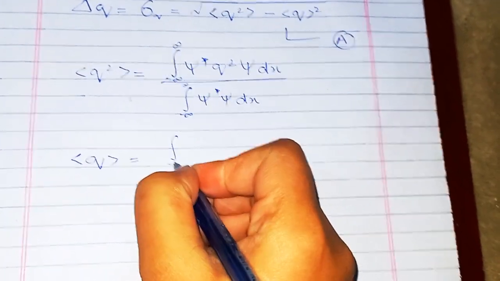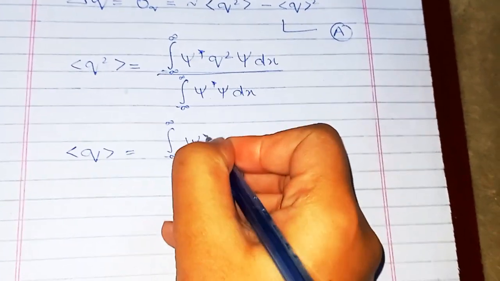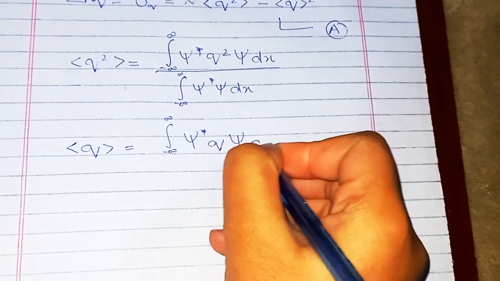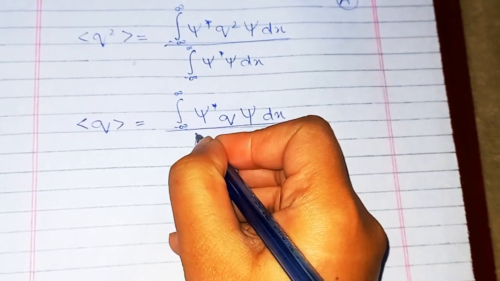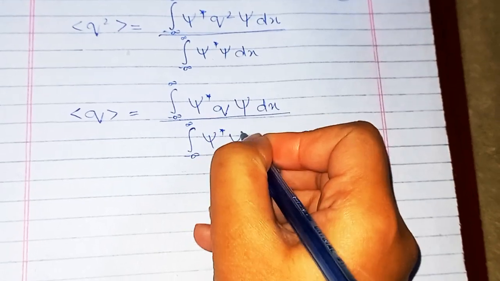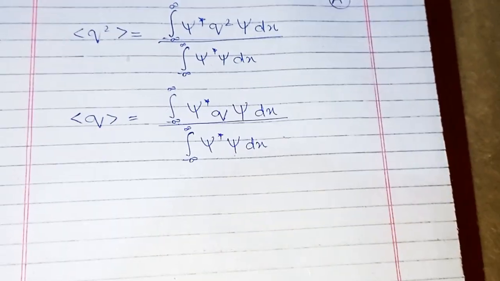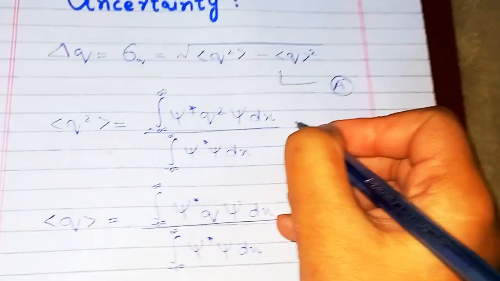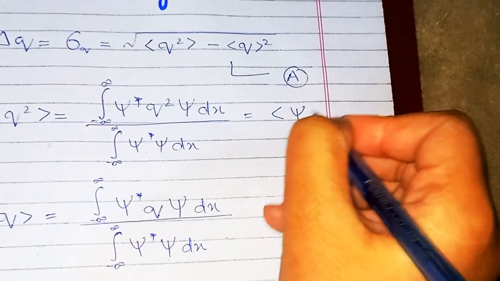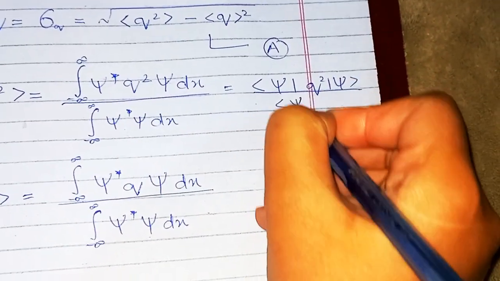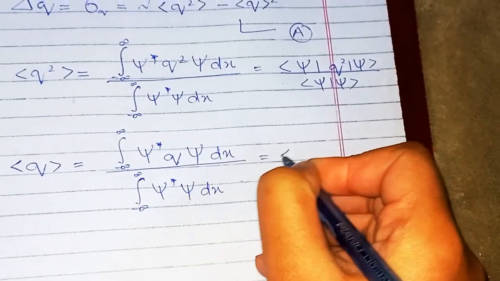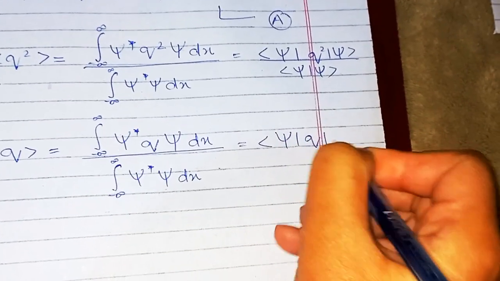So it's the integral from minus infinity to infinity of psi star q psi dx divided by the same normalization integral. We can also represent it in bra-ket notation simply like that.